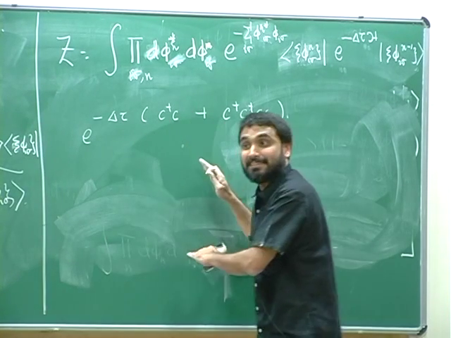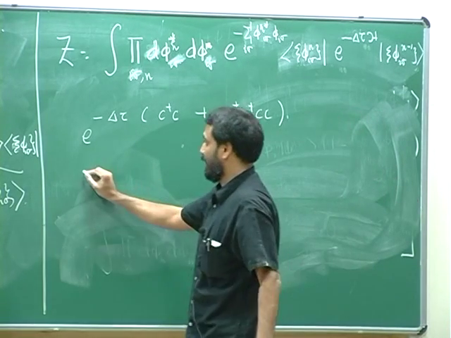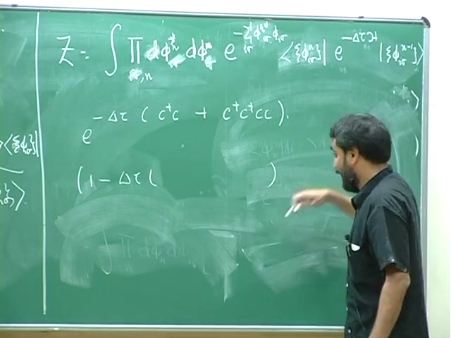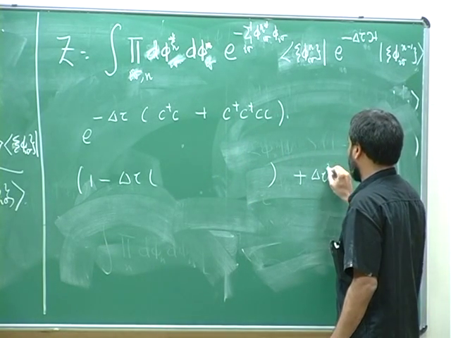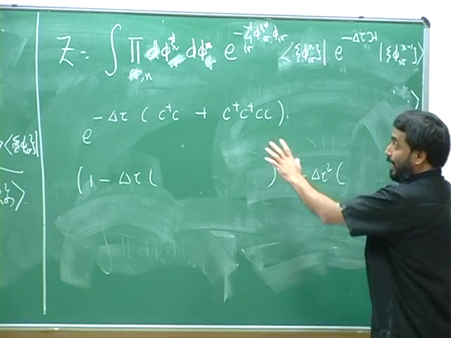When you expand this in power series, what will I get? I'll get minus delta tau times the same thing here, and then I'll get something plus delta tau square times something. Correct?